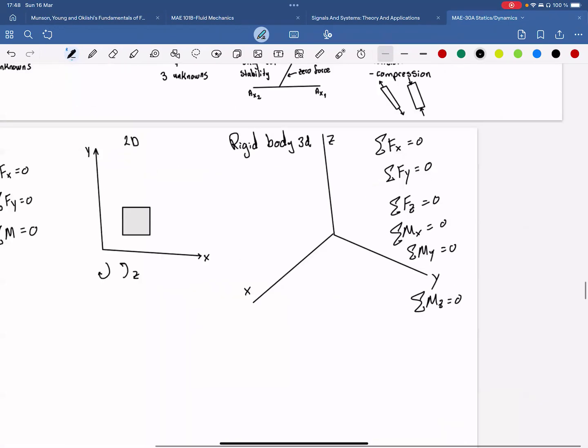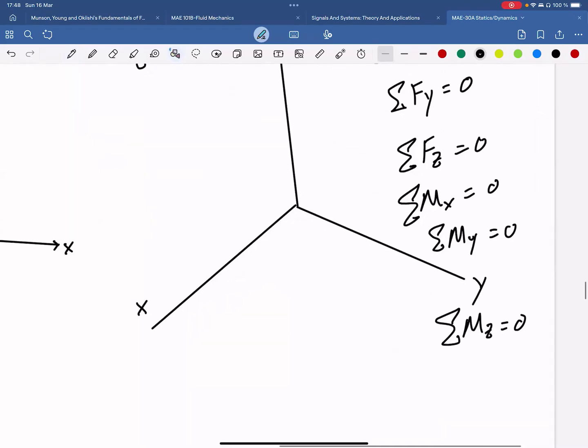So let's say you have a line, and the question asks: I have this line and then I have another force. What will be the moment around that line, around that axis?